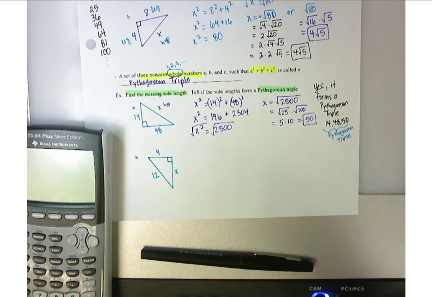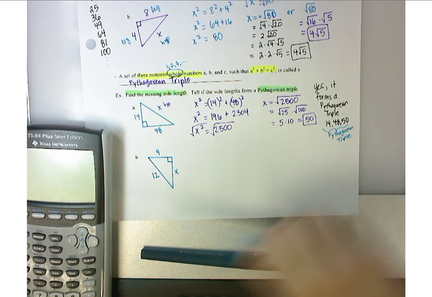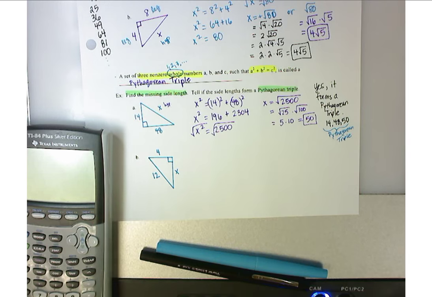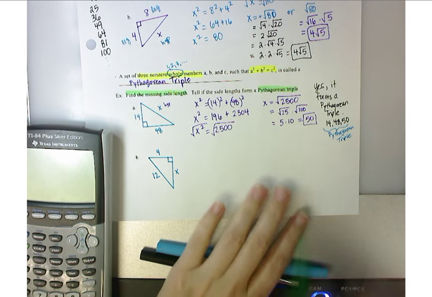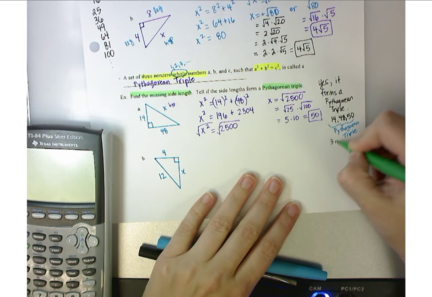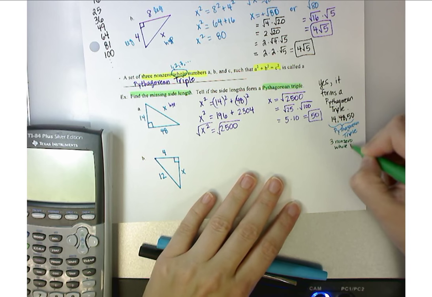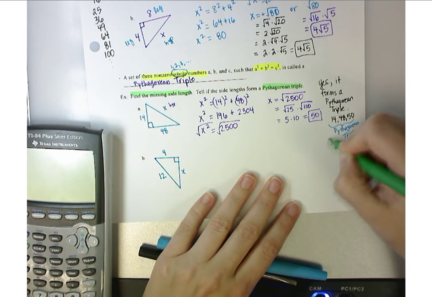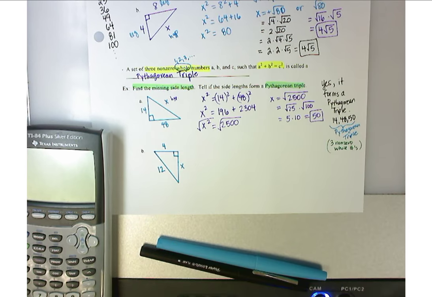Remember, every Pythagorean triple is going to have 3 non-zero whole numbers. So if I asked what your Pythagorean triple was, you would say 14, 48, 50.